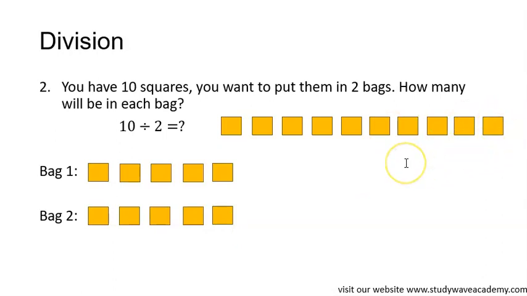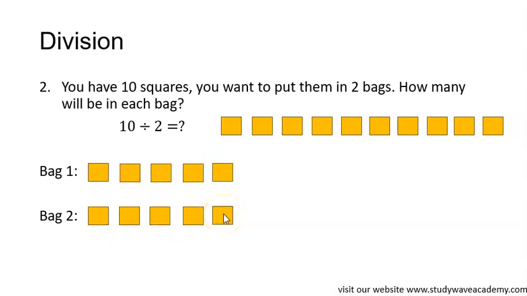So we have to find out how many each of the bags has. So let's count the first bag. How many squares are inside the first bag? 1, 2, 3, 4, 5. There are 5 squares inside the first bag. Now let's count how many squares are inside the second bag. 1, 2, 3, 4, 5.